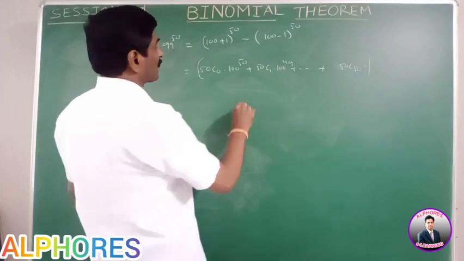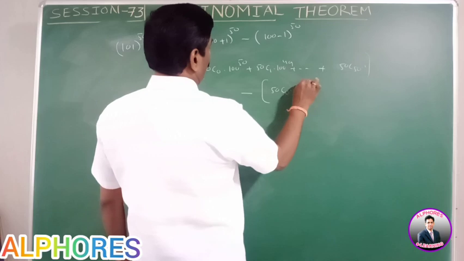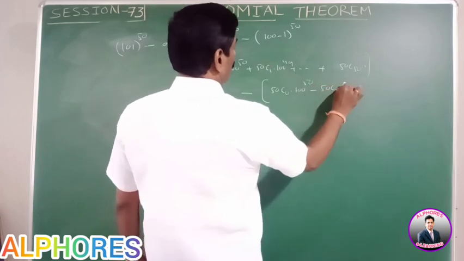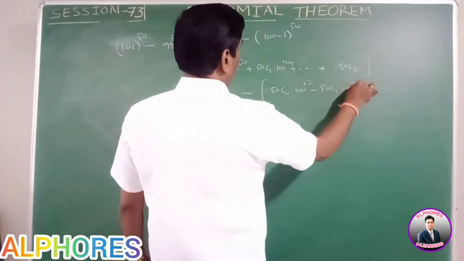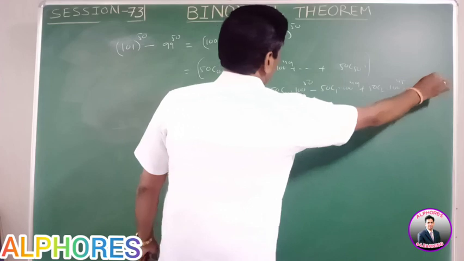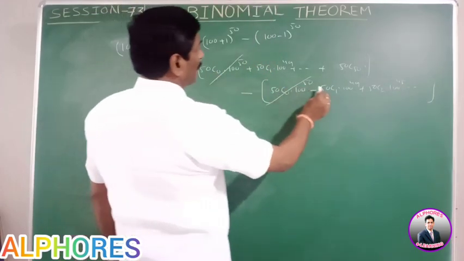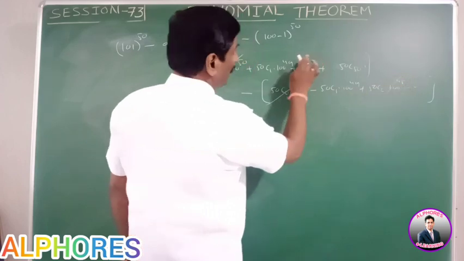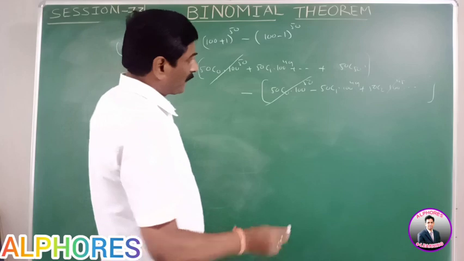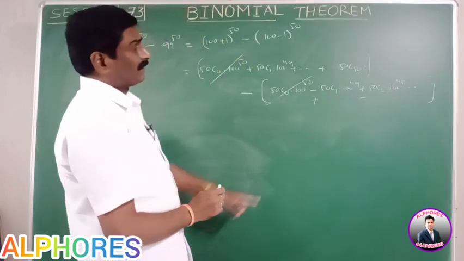Next, minus of 50C0 into 100 power 50 minus, what is the next term? 50C1 into 100 power 49 plus 50C2 into 100 power 48 and so on. Okay, here these two values are cancelled. Next, the term 50C2 is cancelled. What are the remaining values? By multiplication of signs, the minus and plus terms combine, and these values are cancelled.